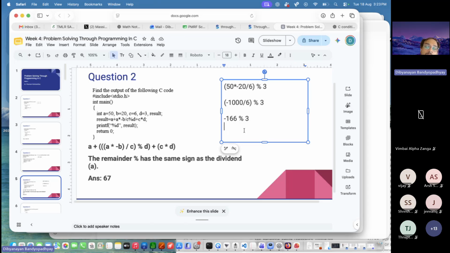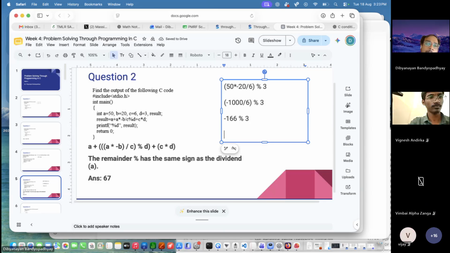If you do this carefully, you will see that 3, 5 are 15, 1, 6. So 1 will be the remainder, right? Minus 1. I think minus 1 will be the remainder.